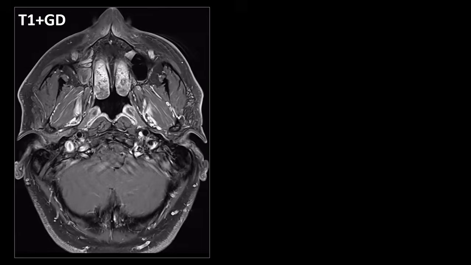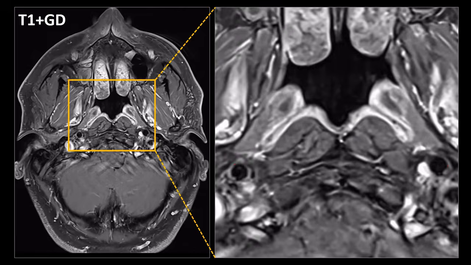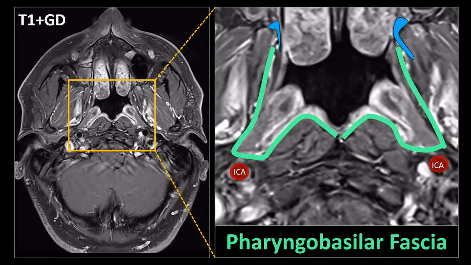Okay, now, final question, what is the Torus Tubarius exactly? Or where is it located? Well, I already told you that. So here we see the internal carotid artery, right? This is the medial pterygoid plate, right? And remember, in the previous presentation, we've seen the location or discussed the location of the Pharyngobasilar fascia.